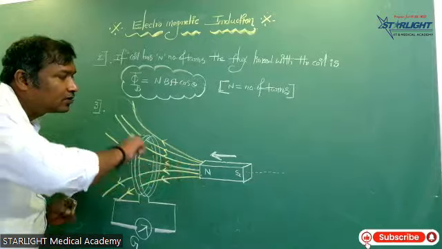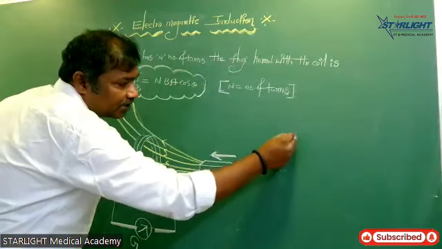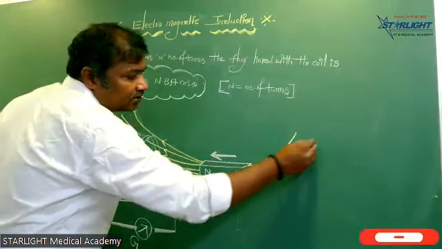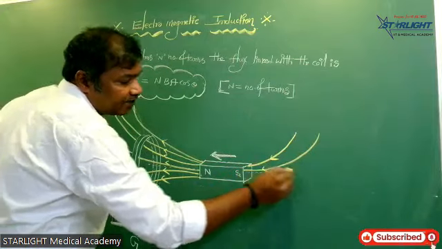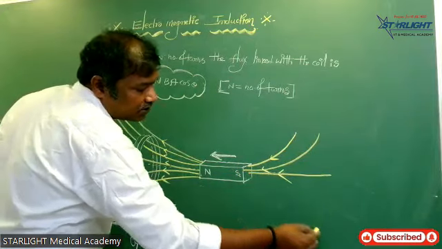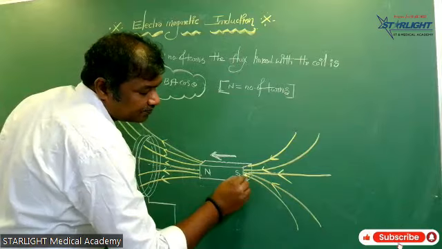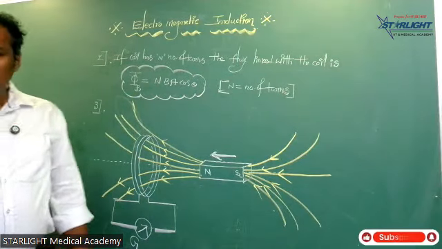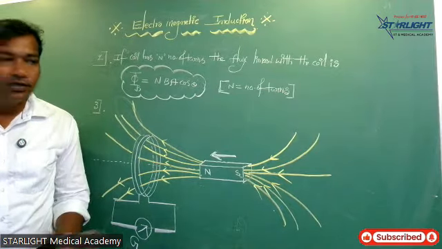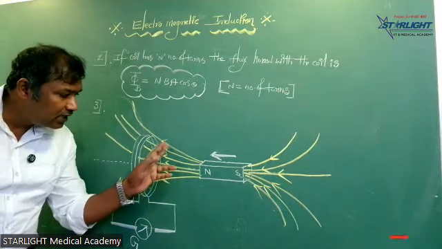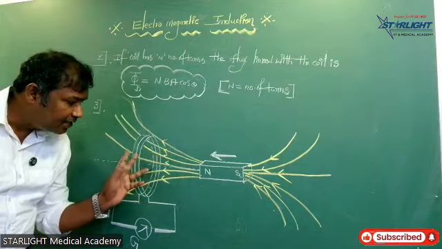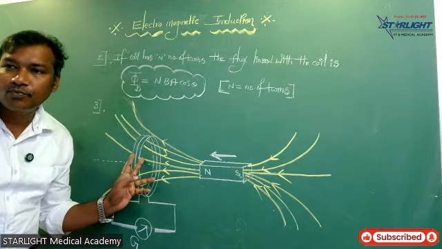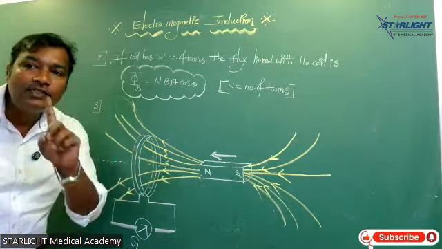Magnetic lines pass from north pole to south pole and return. So these are the magnetic lines entering into the coil, and the flux linked with the coil changes.